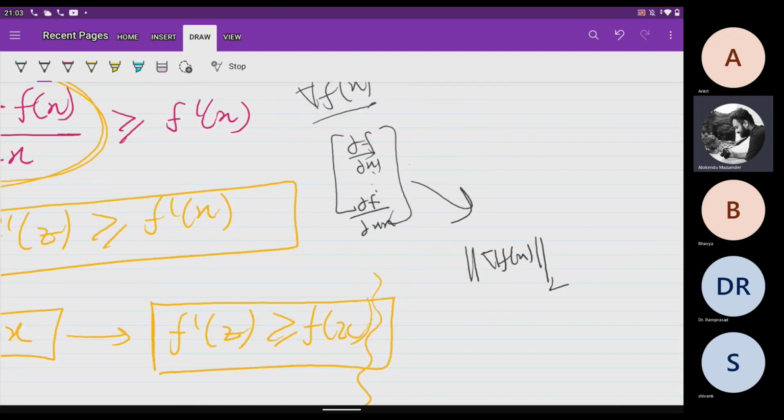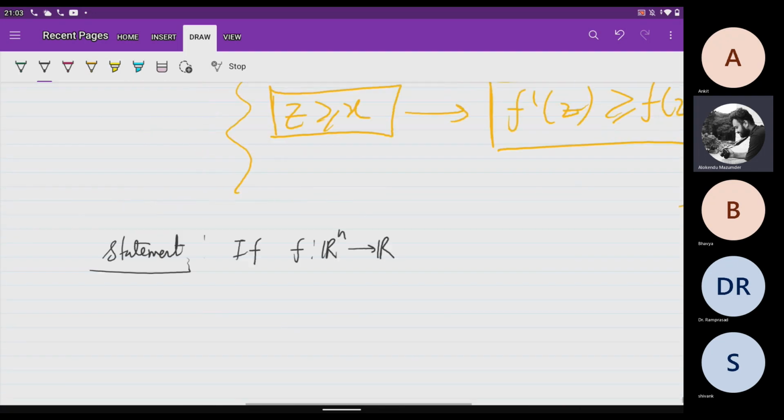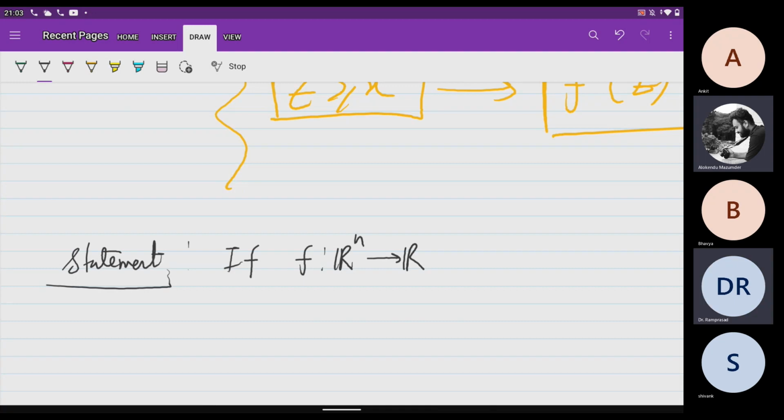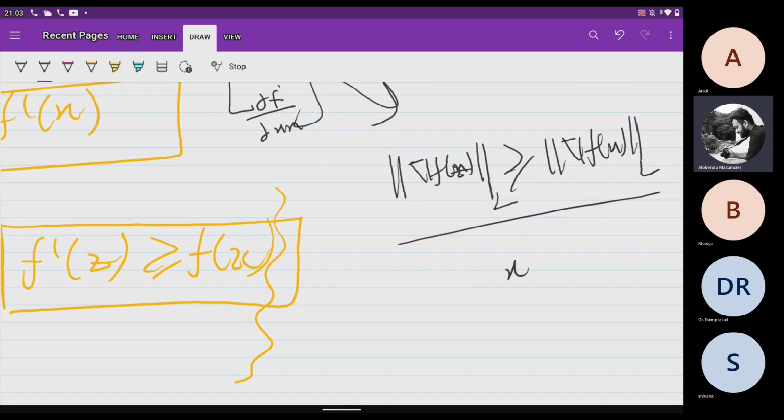In a multidimensional case also you cannot just directly write that x is less than z, because these are multidimensional variables, x1 to xn or z1 to zn.